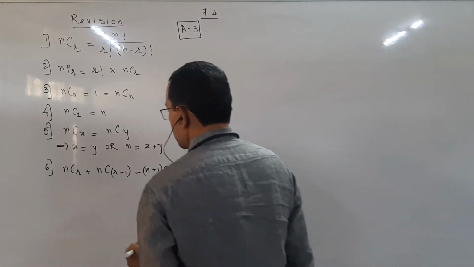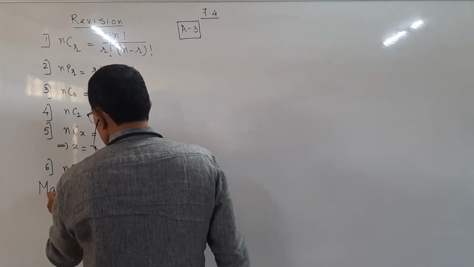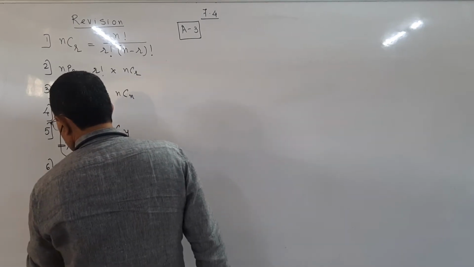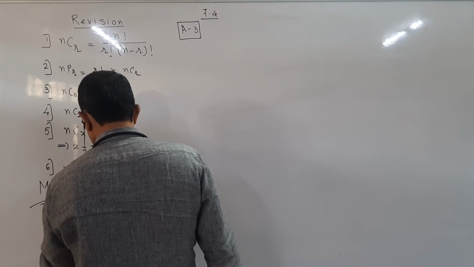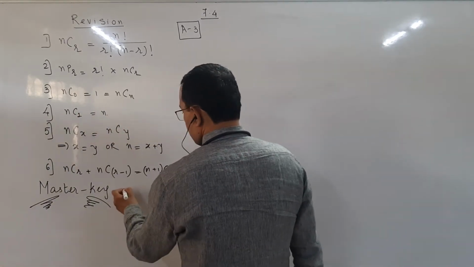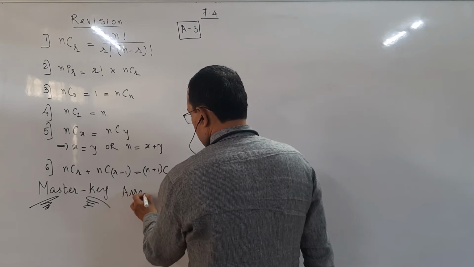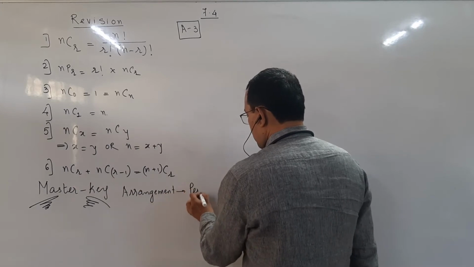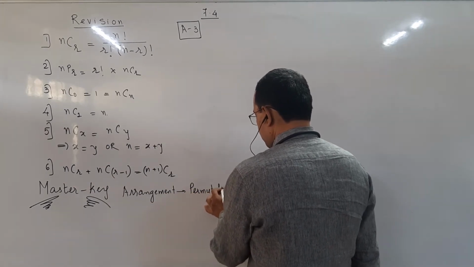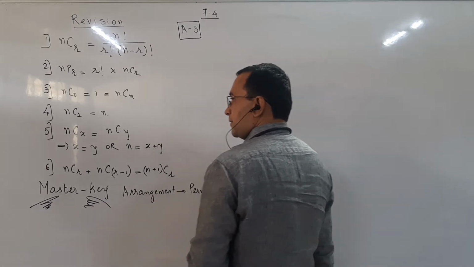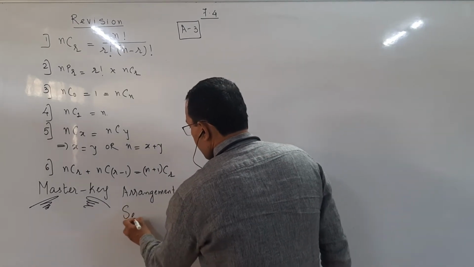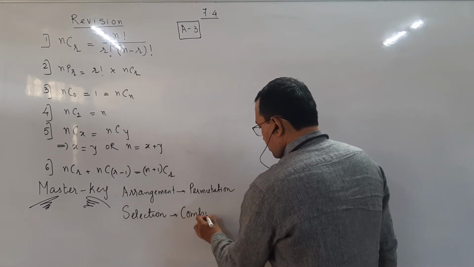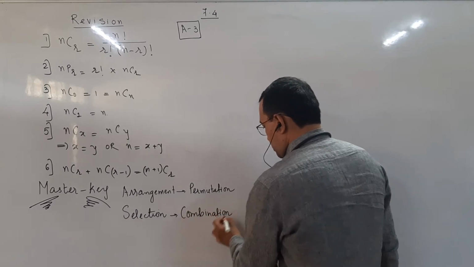And the master key of P and C is these words. Students, I say master key in combination and permutation is these words: for arrangement we use permutation, and for selection we use combination.